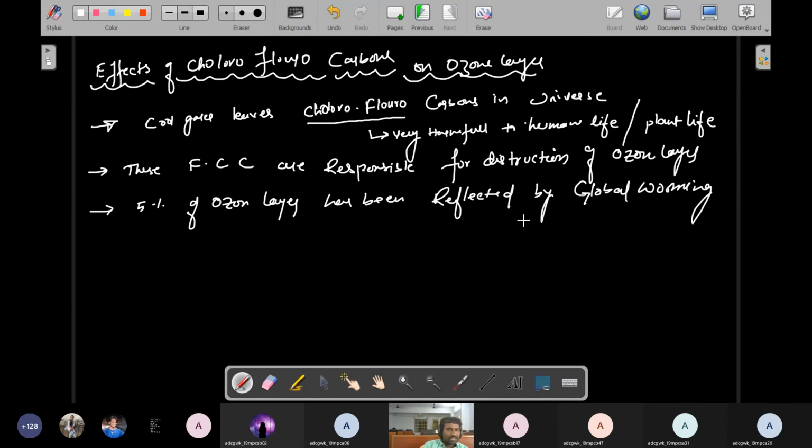This global warming is also responsible for these fluorochlorocarbons only. Due to continuous production of fluorochlorocarbons, 5% of the ozone layer has been reflected with global warming. Okay, generally with ozone layer reduction, UV radiations directly reach the earth.